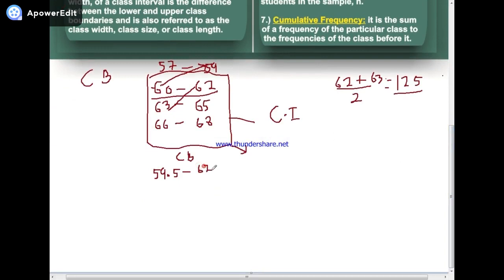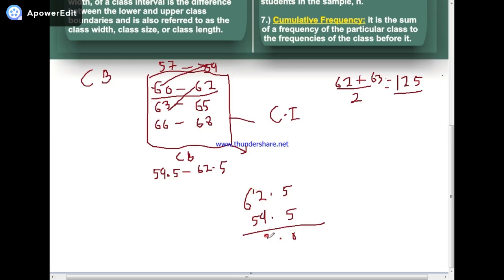We have 62.5 here before for our class boundary. So if you want to look for your class width, what are you going to do? That is the difference between your upper class boundary, which is 62.5, and 59.5. So if you subtract it, 5 minus 5 is 0, and 12 minus 9 is 3.